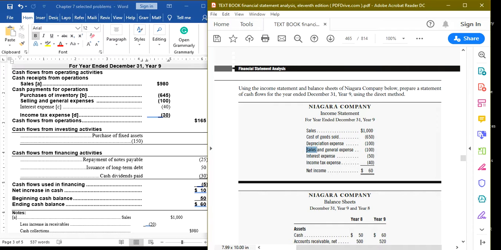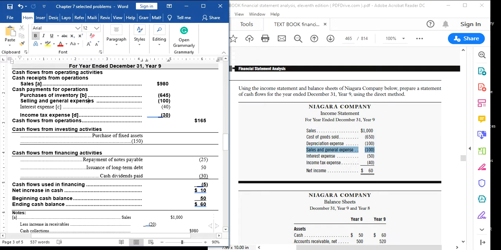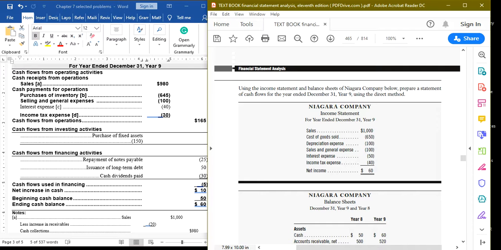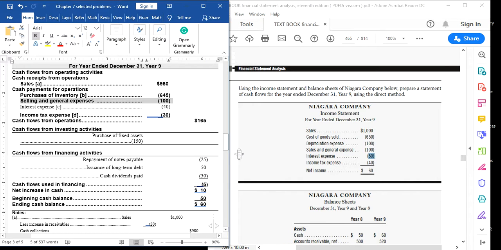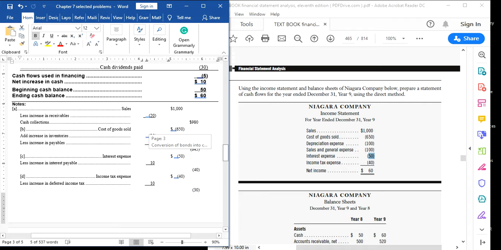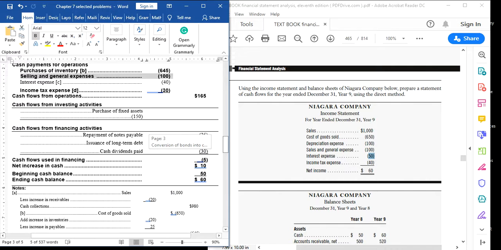We have sales and general expenses over here, and that has been included over here. So this is cash outflow. That's why it's negative. We have also interest expense, $40. But why interest expense is 50 over here? One would concern why. Actually, we have to learn.